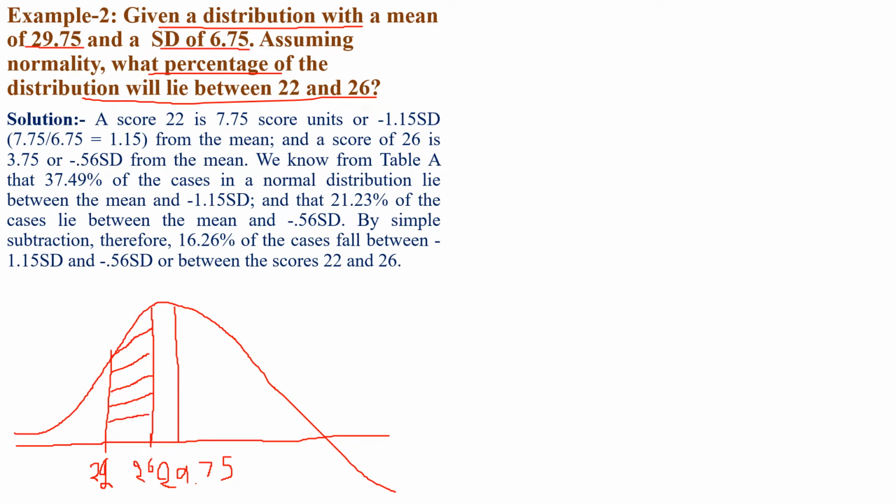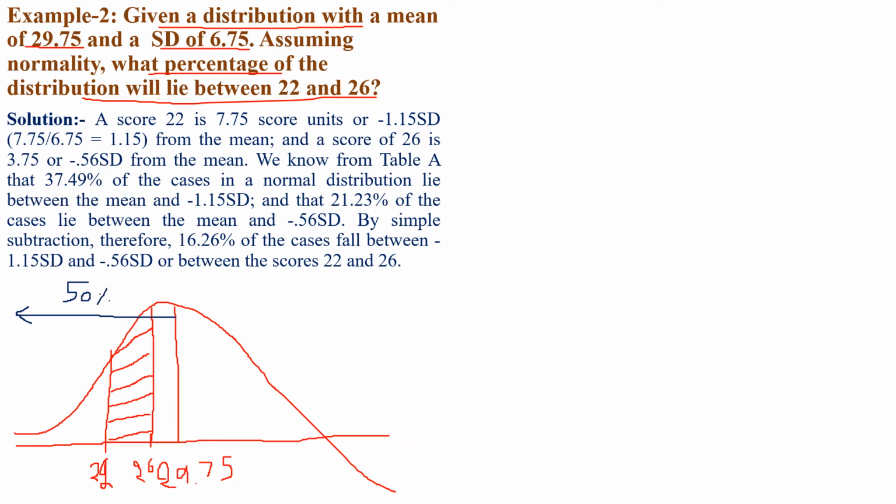We can easily calculate this part as well. We know this part includes 50% of individuals, starting from the mean value to the end of the curve. So we consider there are 50% of individuals.